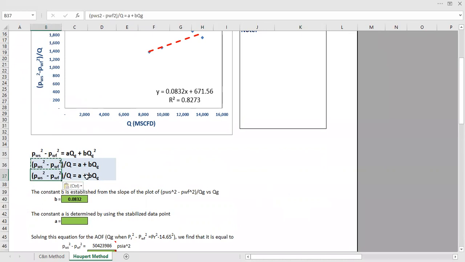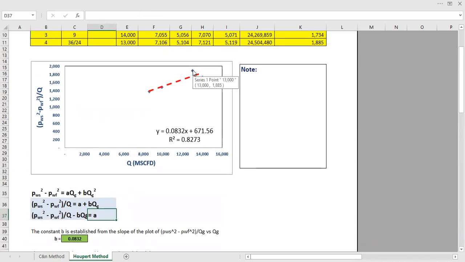So to calculate A, we can just put this one to the left hand side. Okay, so you get A, but we will use the flow rate from the stabilized data point.